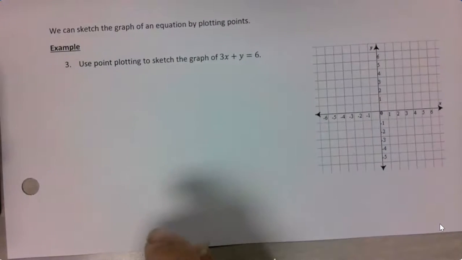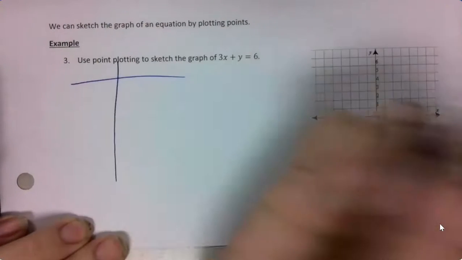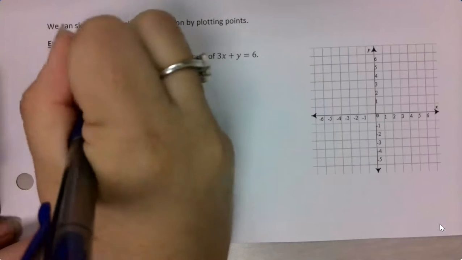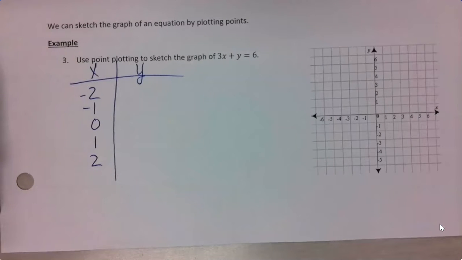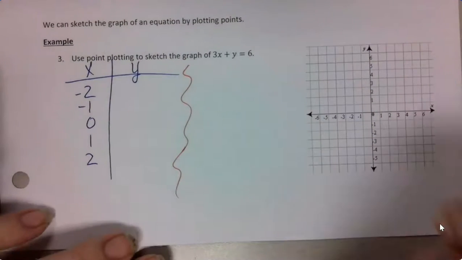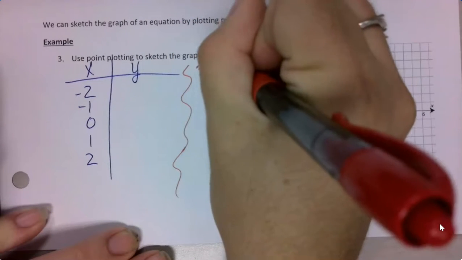Okay. So on number 3, it wants us to use point plotting to sketch this graph. So what I'm going to do is make a table of values. I usually like doing 2 on the left, 1 on 0, and then 2 on the right. Over in this area I'm going to do my scratch work. So I'm going to plug in negative 2 for x. I'm going to have 3 times negative 2 plus y equals 6.